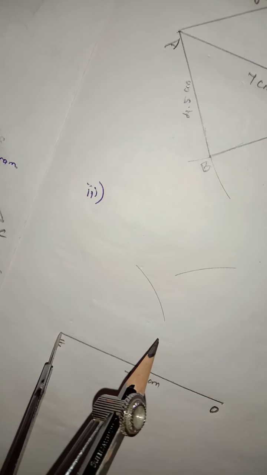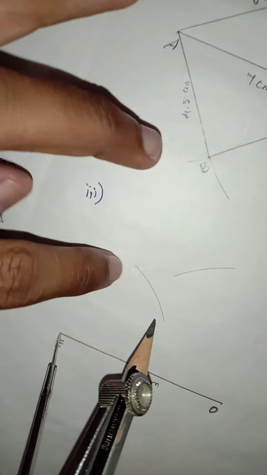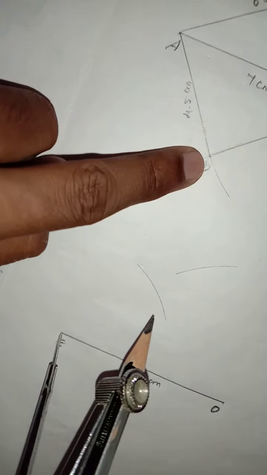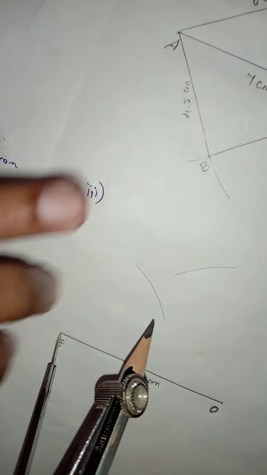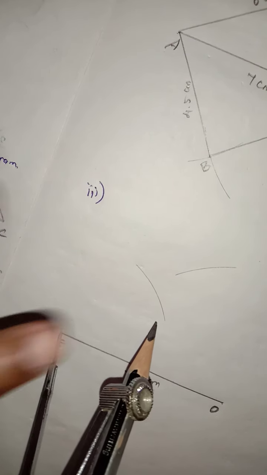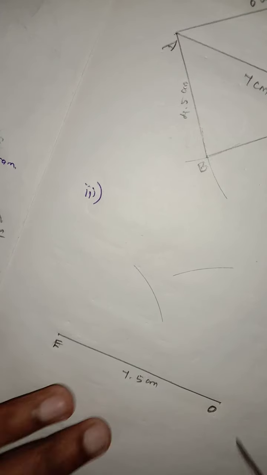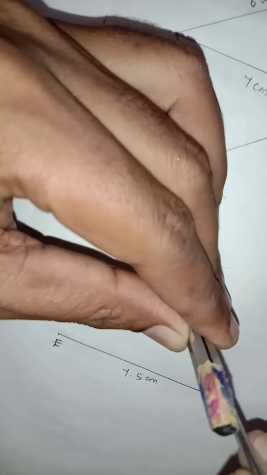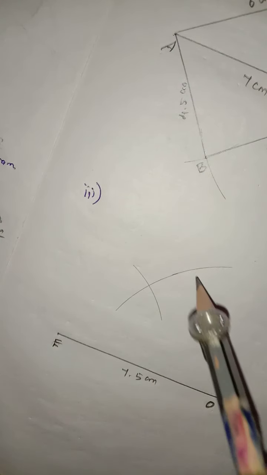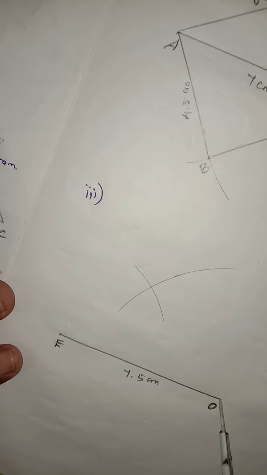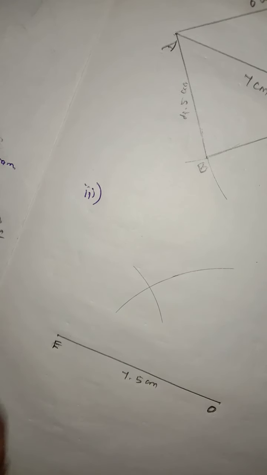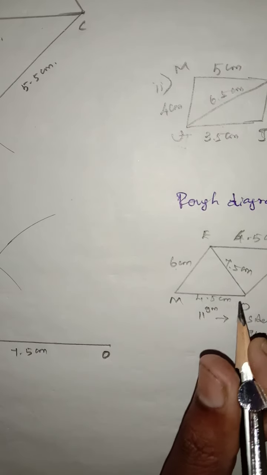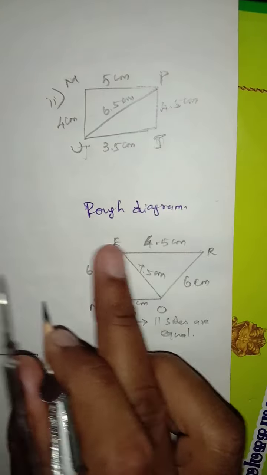Purposely I drew this one, because you will not always draw arcs that meet. You may draw arcs like this, but you should not say that these two arcs are not meeting. What you want to do is extend the arcs which we have drawn already. Whichever arc is not meeting, just extend it, and you will get the meeting point.